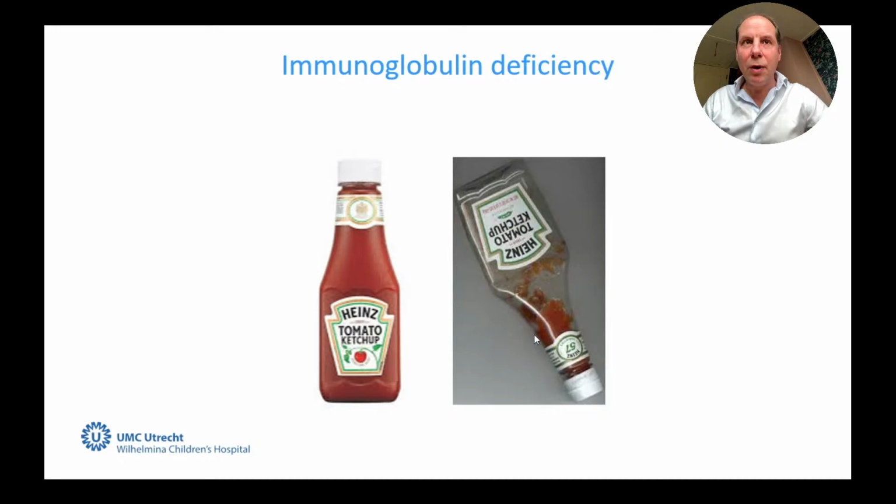So when we talk about immunoglobulin deficiency in Jacobsen's syndrome, you can compare it to an empty bottle of ketchup. And you think back of the hamburger, which isn't very attractive without any additions. And you can see why the body wouldn't be efficient in clearing bacteria entering the body.